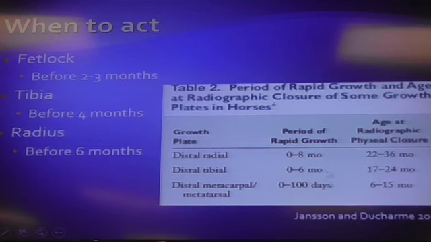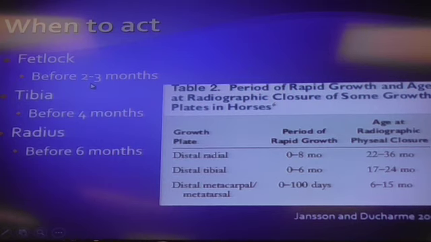Here we go. Distal metatarsus: rapid growth before 100 days or so, and radiographically they are fully closed from 6 months to 15 months. So think about acting on the fetlock before 2 to 3 months old. 3 months old is about 90 days, right? So we want to be acting during this period of rapid growth.